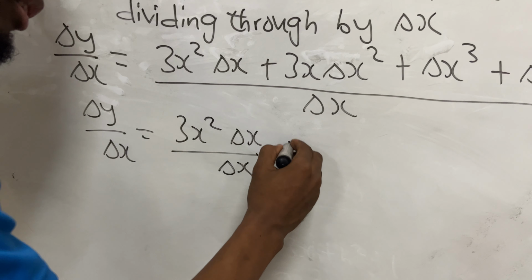Then plus I'll take 3x change in x squared over my change in x. Then I'll take plus delta x to the power 3 over the denominator change in x. Then plus lastly I have change in x over the denominator change in x. So clearly this will cancel this one. Then this will cancel this.